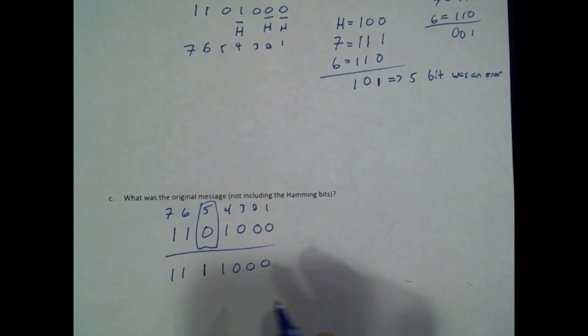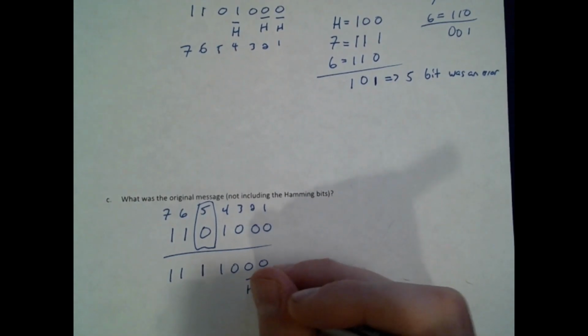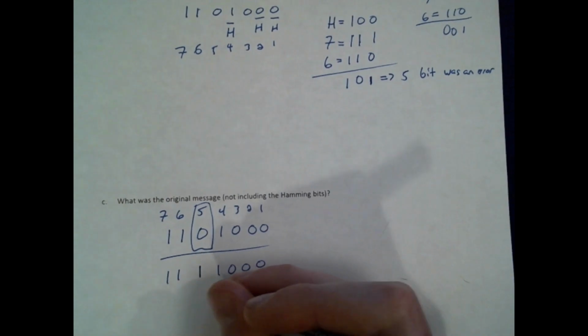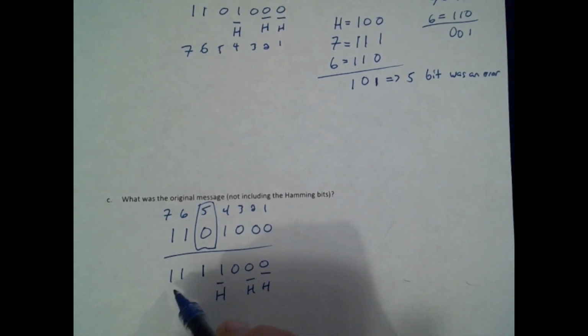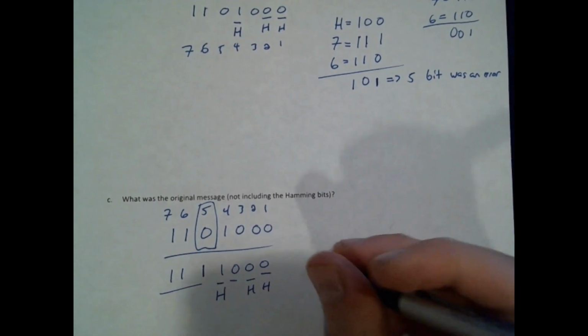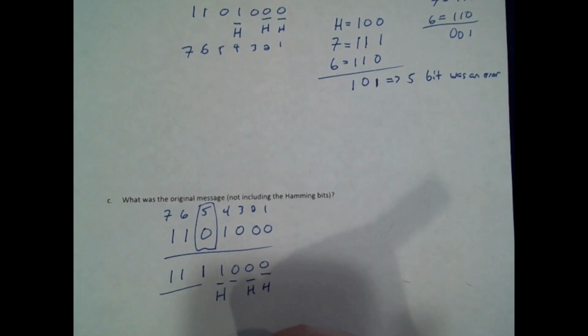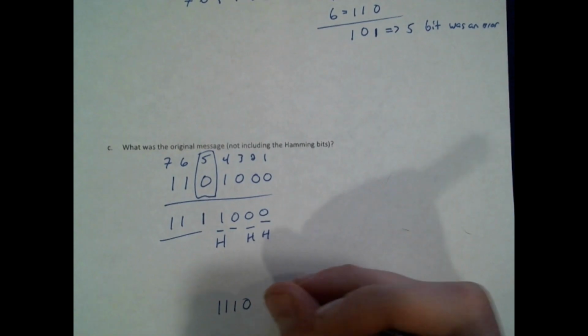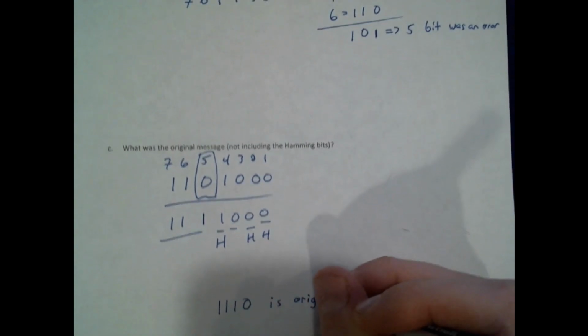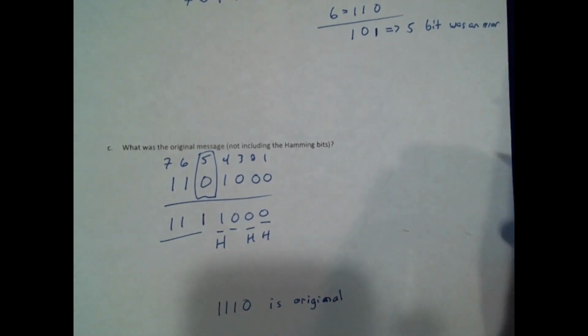And that will give us what we should have received over the transmission line, keeping in mind that these bits are still our Hamming bits. We're getting rid of those, and so the ones that are not the Hamming bits are the original message, which would be 1110. So 1110 is our original message.